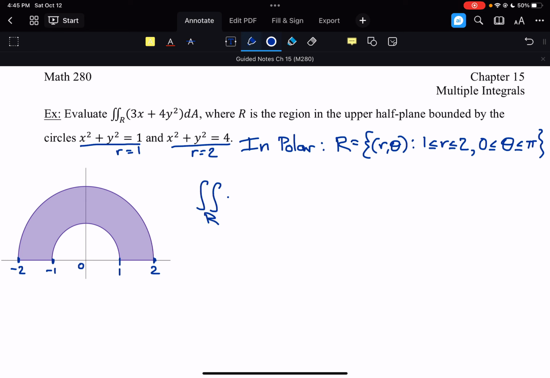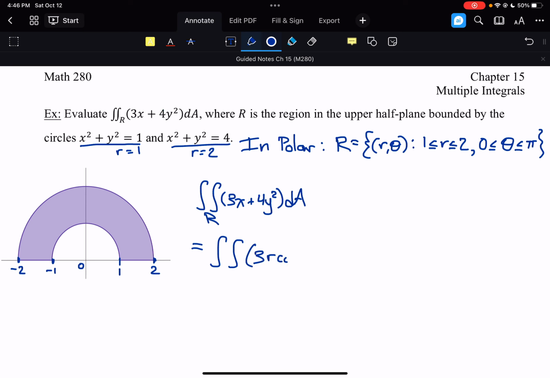So our double integral over R becomes, actually I'm going to put this on the next line because it's a little long with the conversion. We're going to convert all of the x's and y's into polar coordinates.